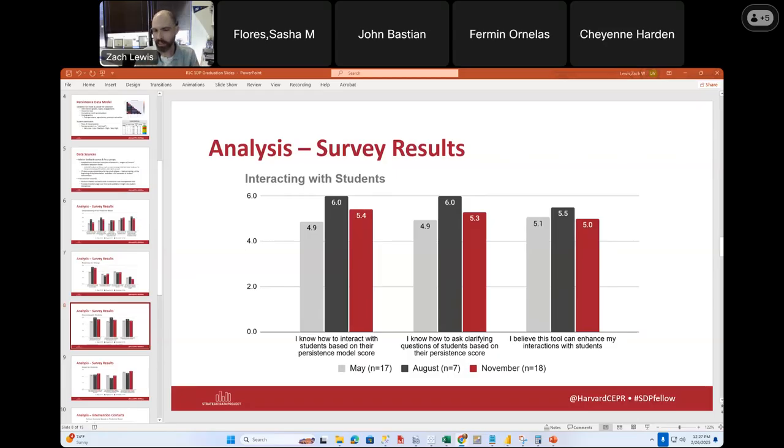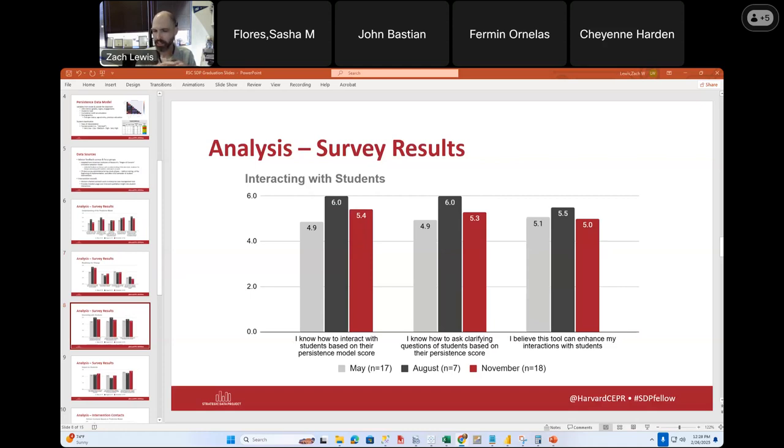The survey data we collected within this subscale demonstrated some, albeit modest, increases in advisor confidence around how to interact with students and ask clarifying questions that could really help promote stronger understanding in how they can support students and better design their next steps in their academic progression.